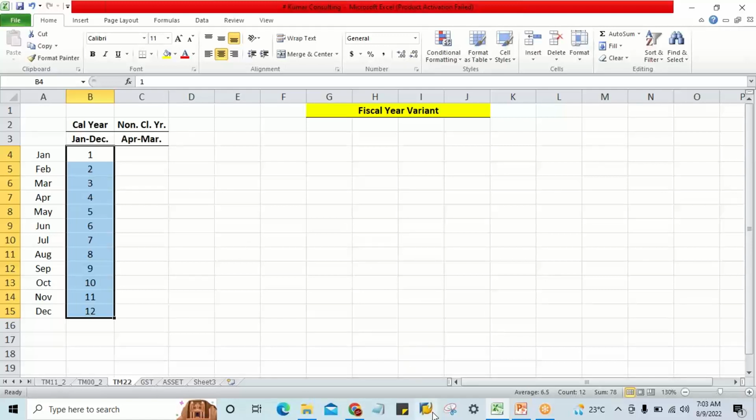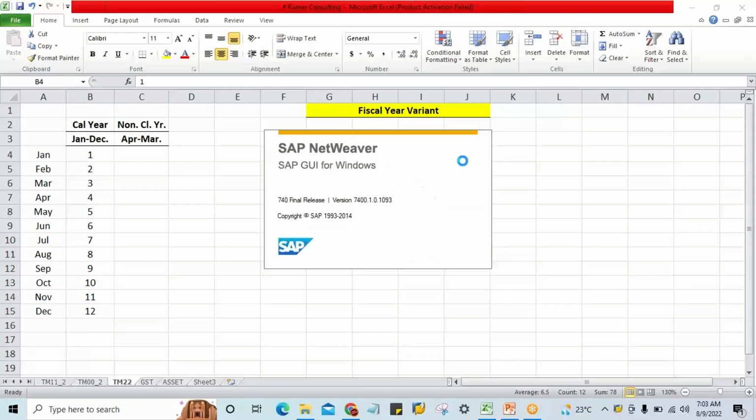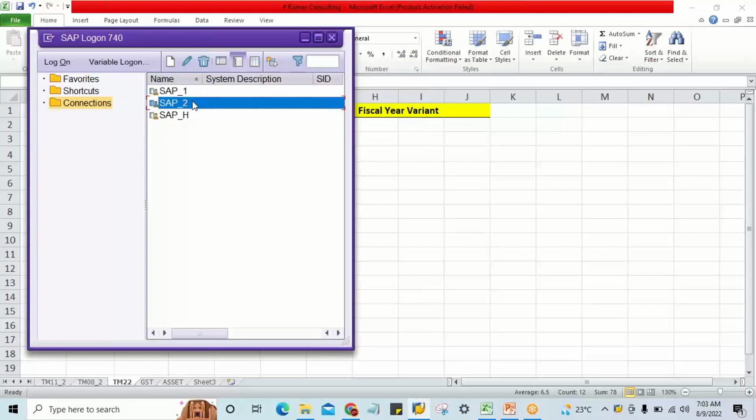Let me open this SAP. In this server, our settings and configurations are there.